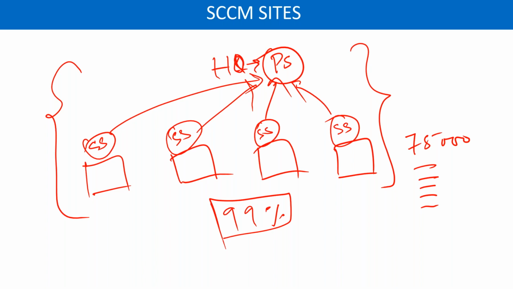Whenever we try to push an update, the Microsoft Tuesday updates or any new application, it takes more like 50 hours to deploy over a VPN.